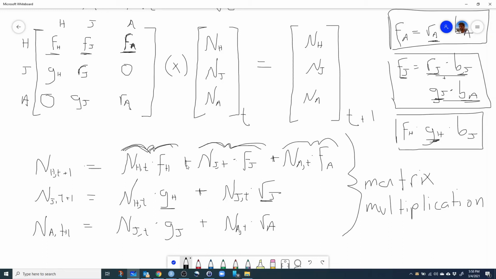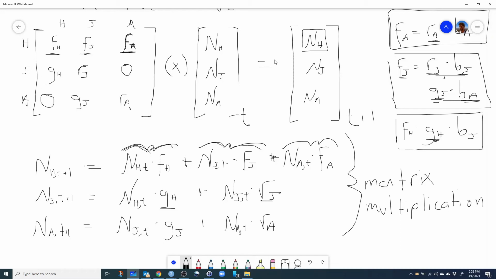If you add those all together, you get the total pool of hatchlings that are expected to be entering the population next year, regardless of whether they were born to those that were hatchlings, juveniles, or adults the previous year. It just gives you this number here. That is the total number of hatchlings in the population next year.